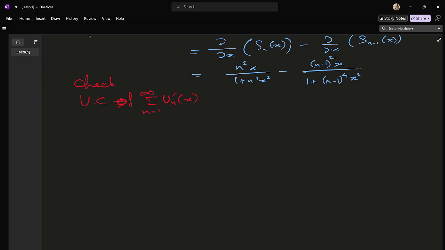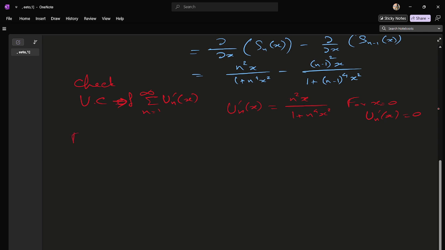Now we examine the term u_n dash x, which is equal to n square x by this. Now for x equals 0, u_n dash x is equal to 0 and the series trivially converges.